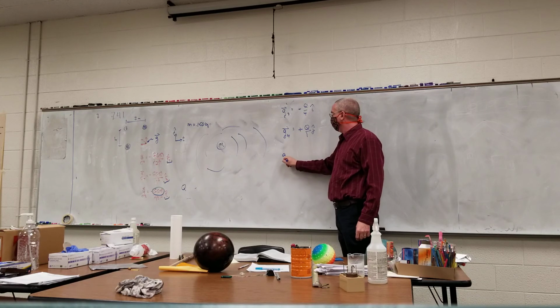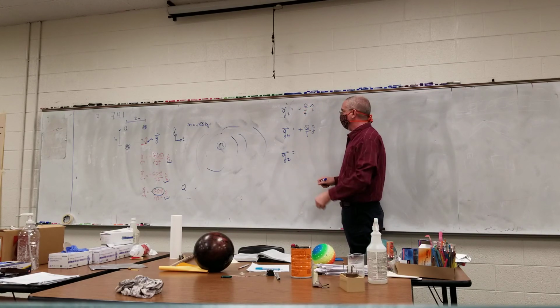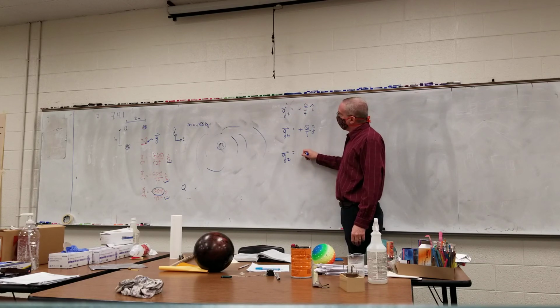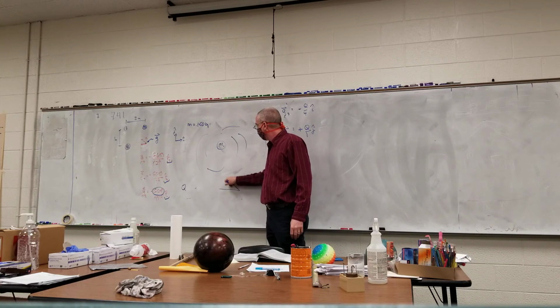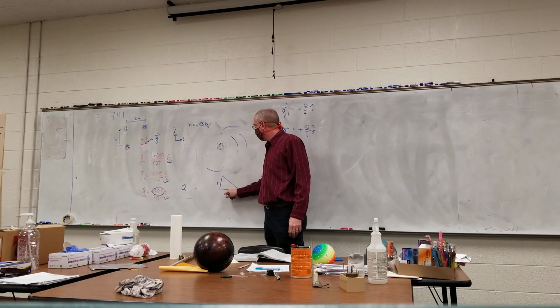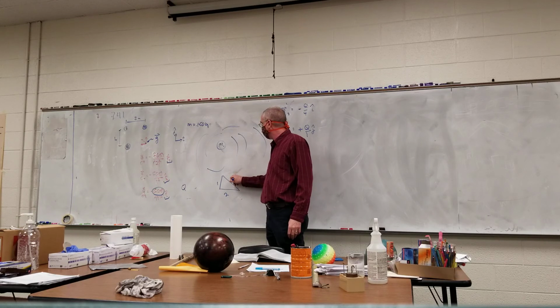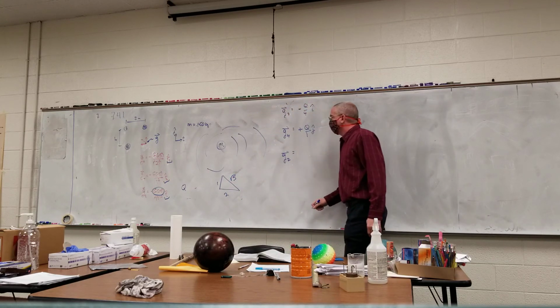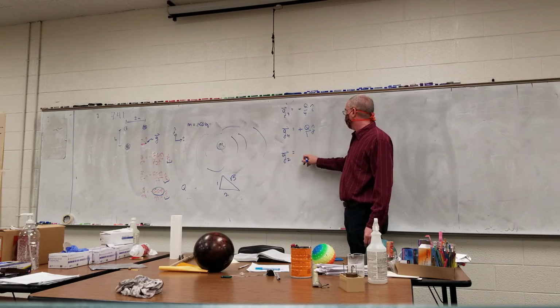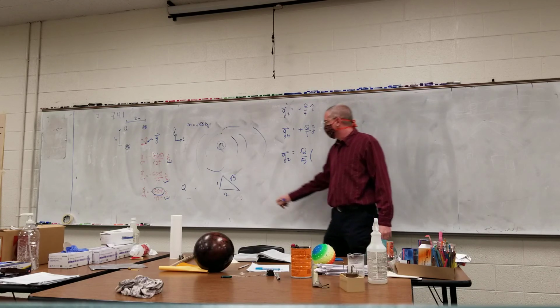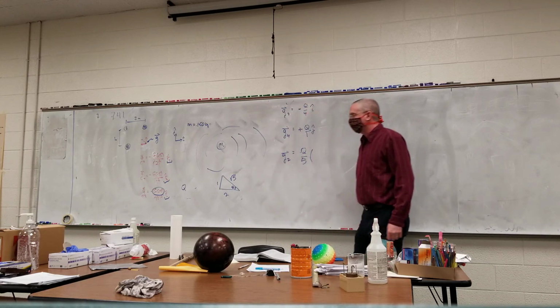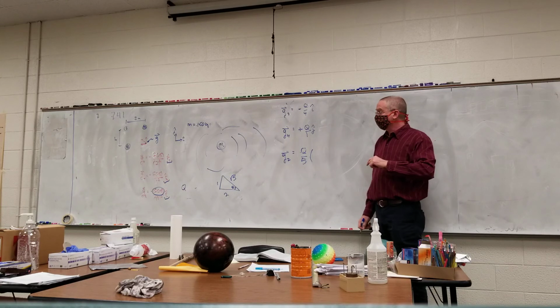And then the last one, it's going to the left and up. So we need to break that one up into triangles here. So I know that's 1 and 2, and that is square root of 5. So my magnitude is Q over 5 times, it's 27 degrees. We actually don't need to know the angle.